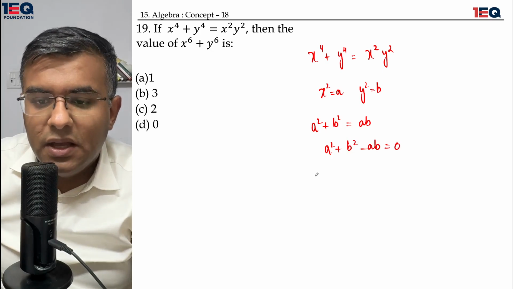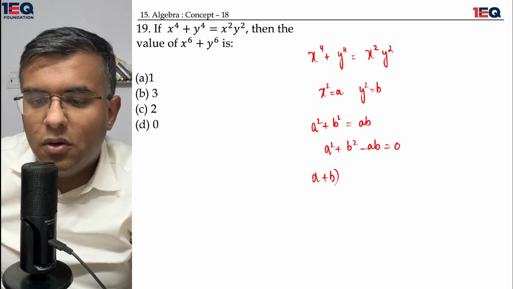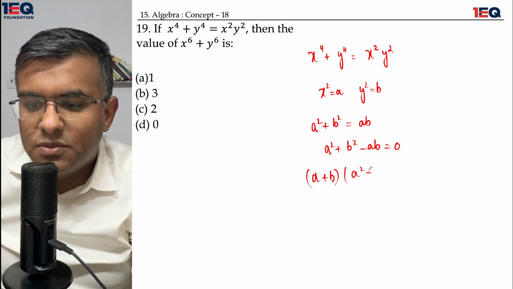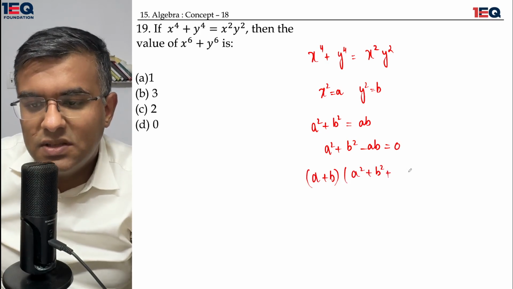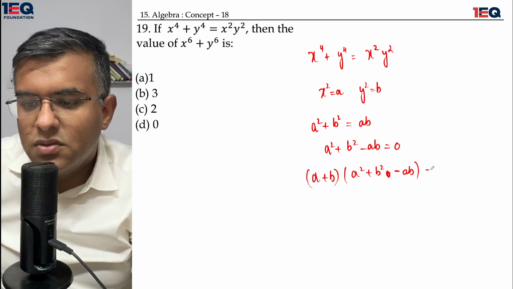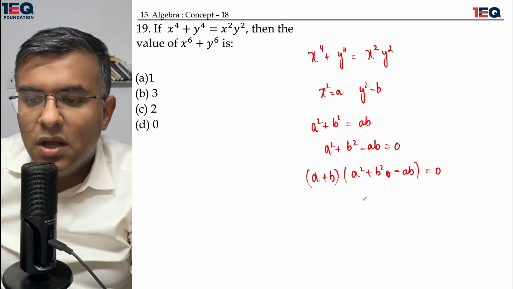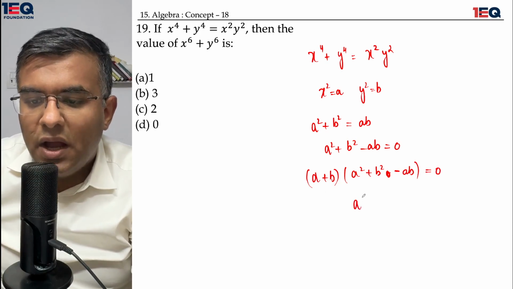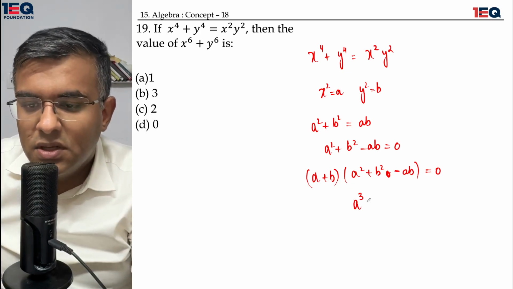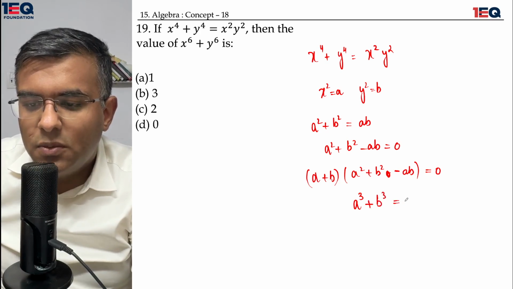If I multiply a plus b on both sides, the 0 will absorb it, so this entire situation is equal to 0. If I compress it back into its previous version, this is the formula of a cube plus b cube being equal to 0.